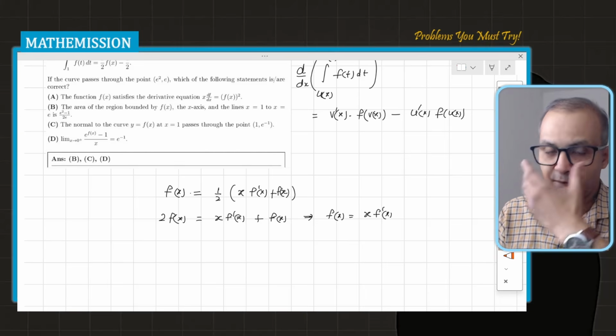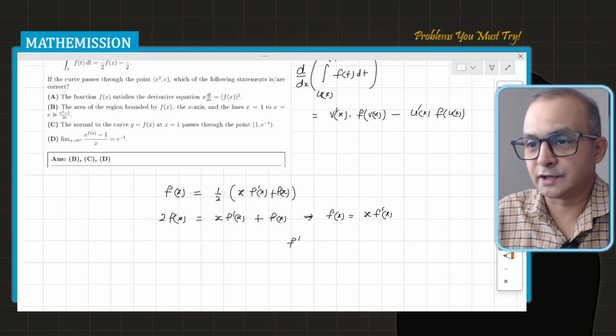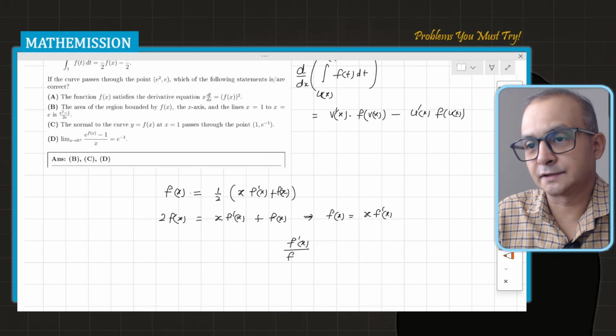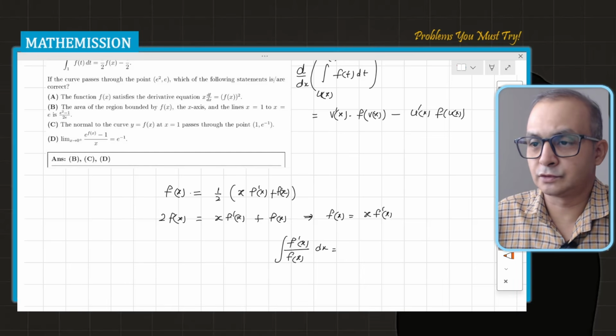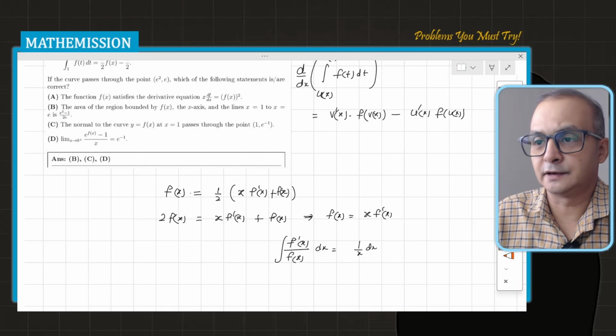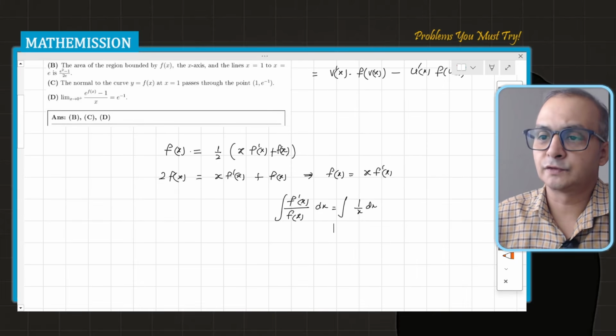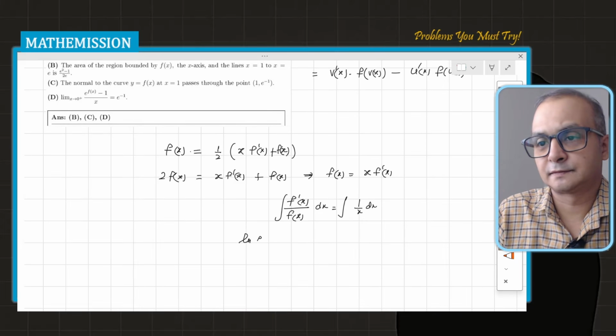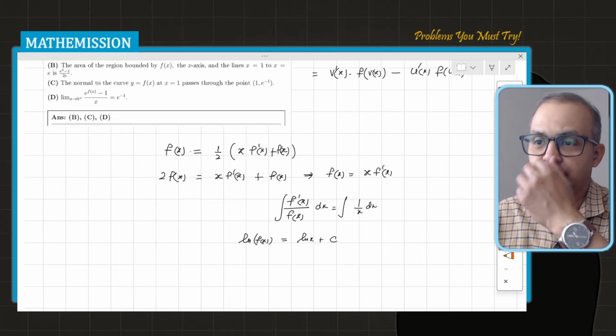Now we will integrate: f'(x)/f(x) dx is equal to 1/x dx. Of course we will get log of f(x) equals log of x plus a constant term c.